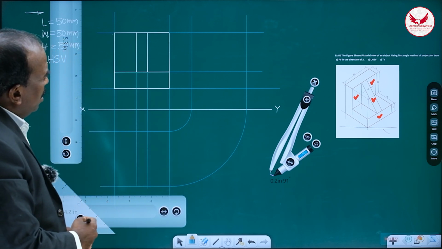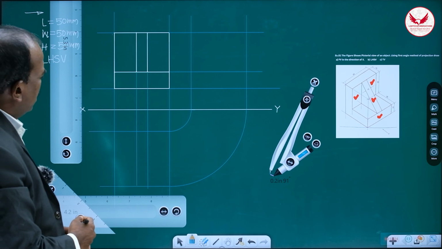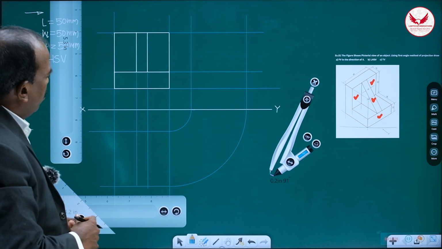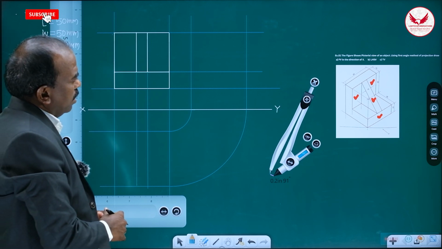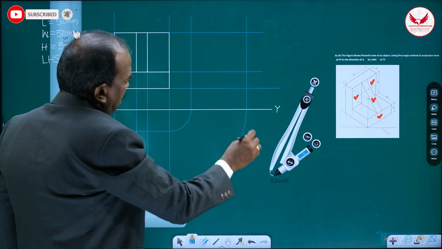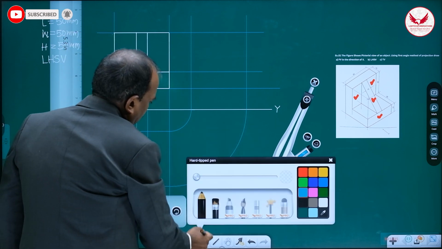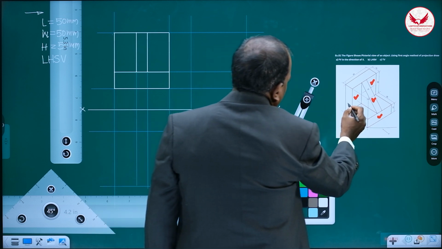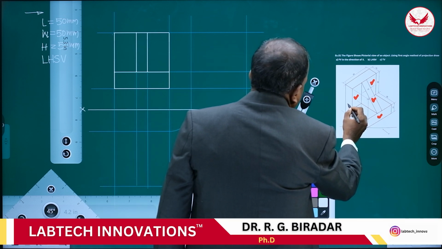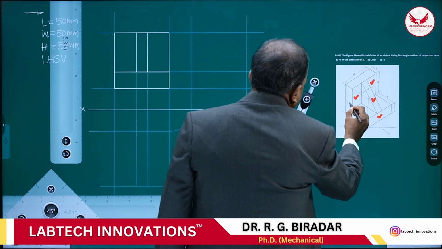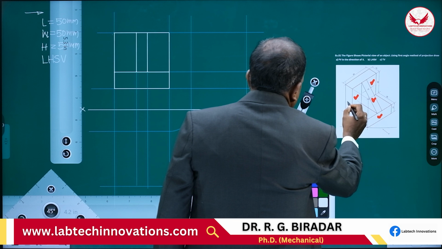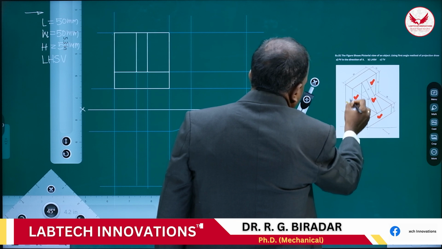Now I feel its side view is more simple. In the side view, what can we see? That L shape. So in the side view, we can see this portion, this completely a single surface just like L. So this portion.